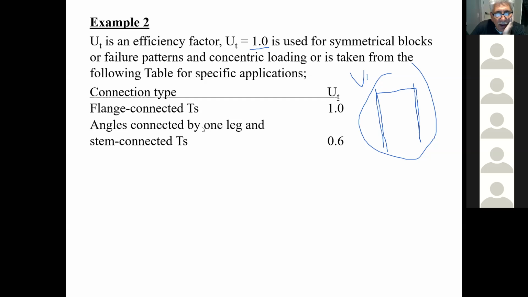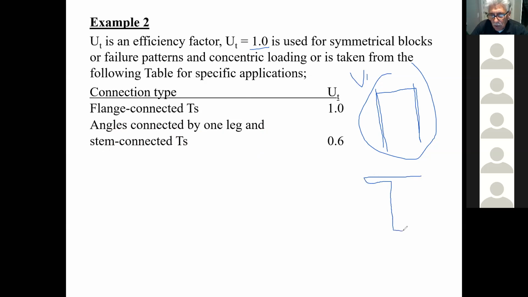For angles connected by one leg and stem connection of T's, this is what we're going to be using because this is what we have. We have angles connected by one leg only, and the stem of a T. You should know what a T is.